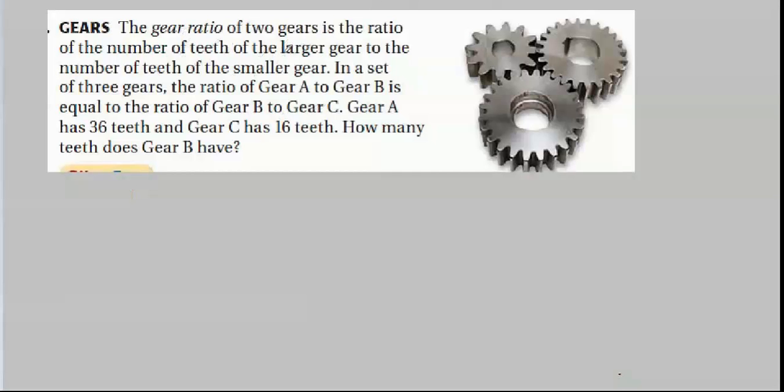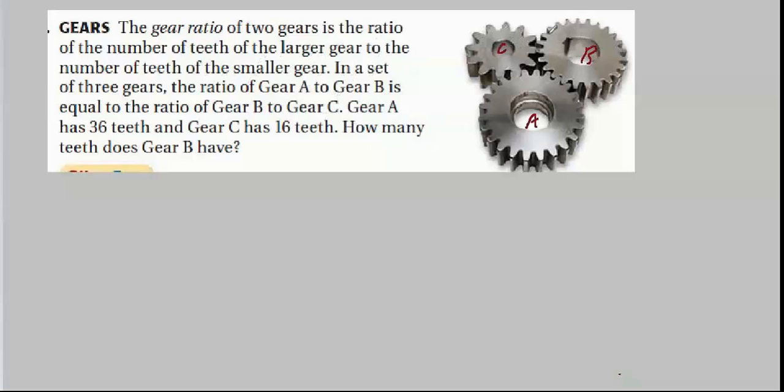Number of teeth of the larger gear, like this to this, or this one to this one. For instance, it sounds to me from the way they've written it, like the largest one is gear A, and the smallest one is gear C. And we don't know how many teeth gear B has, but they say that the ratio of A to B is equal to the ratio of B to C.